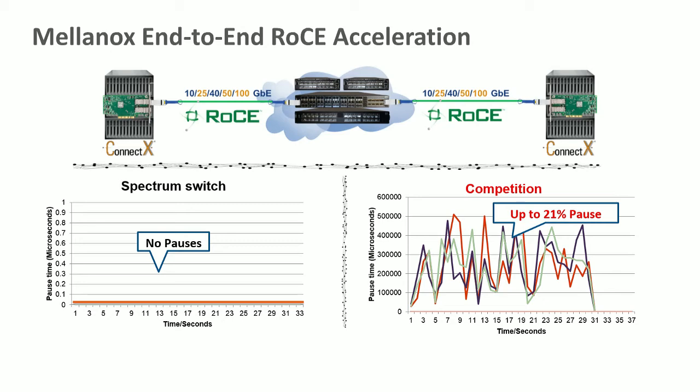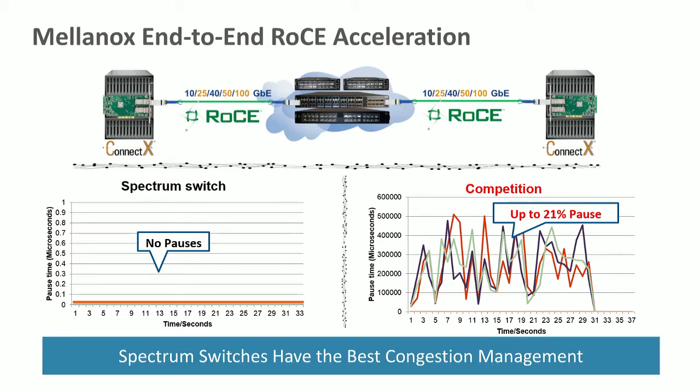Obviously, the more pause time you have, the more congestion and higher bandwidth degradation for your application. Here in the graph, you can see that there is virtually no pause time with Mellanox switches, and up to 20% pause time with the other switch. And the problem gets even worse if you have more than 4 nodes.